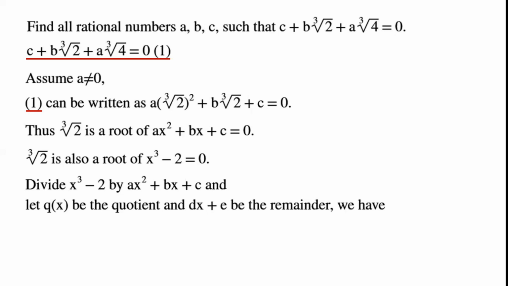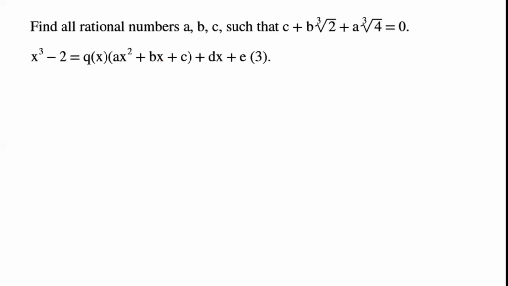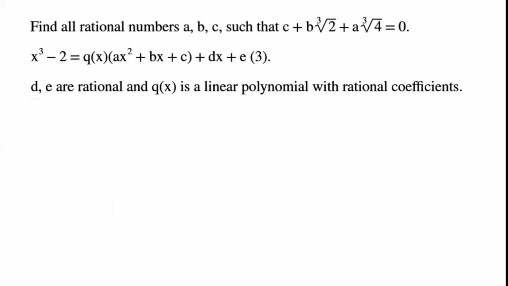We have x cubed minus 2 equals q of x times ax squared plus bx plus c, plus dx plus e. d, e are rational, and q of x is a linear polynomial with rational coefficients.